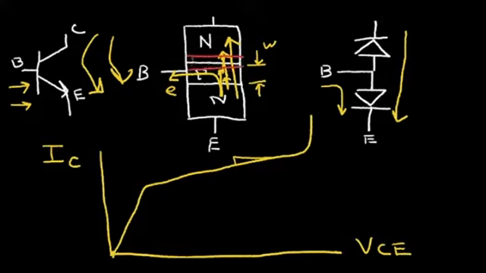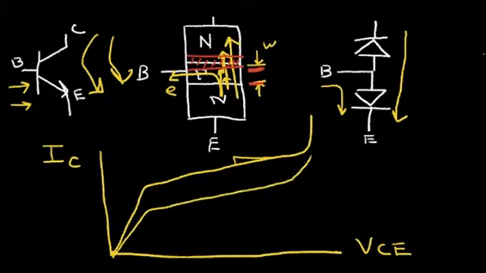When I do that, that increases the width of the depletion region for the base collector. And the increase in depletion width makes this base width a little smaller. And that actually improves the transistor performance a little bit. So that's not so harmful. Now if I have a little bit less base current, I'll get a curve that's further down here, and then eventually it breaks down.